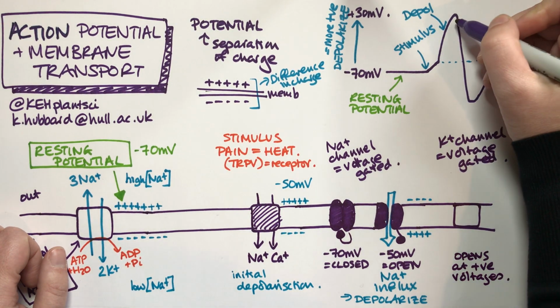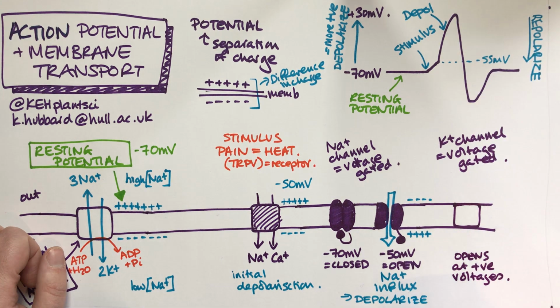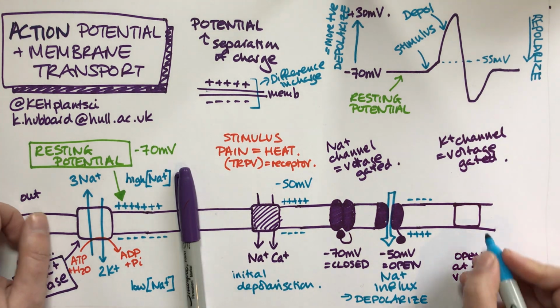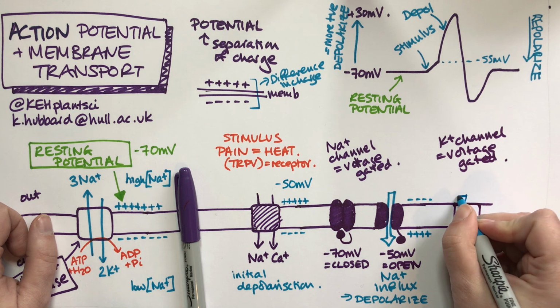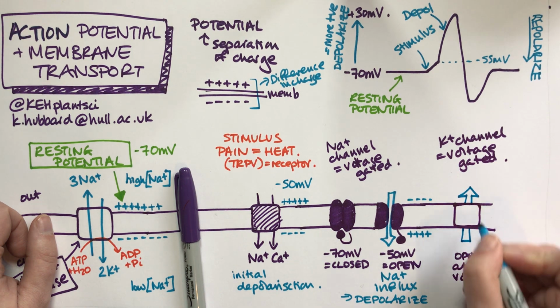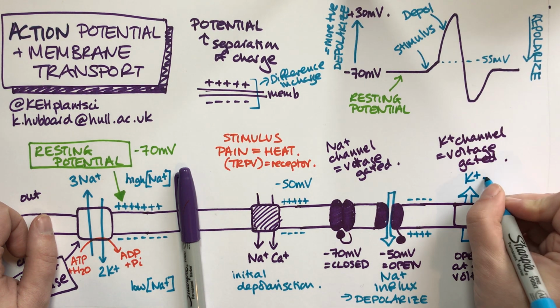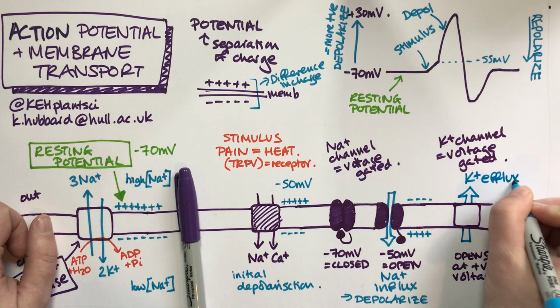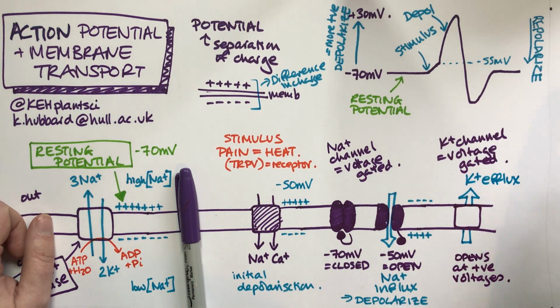So when we go really positive, that opens the potassium channel, so then we have a mass efflux of potassium outside of the cell.